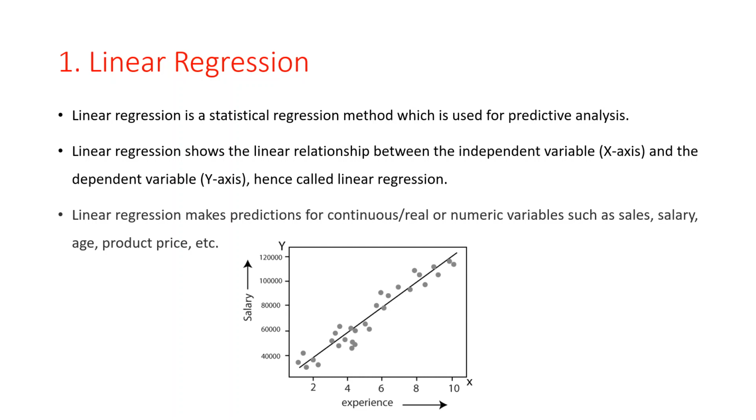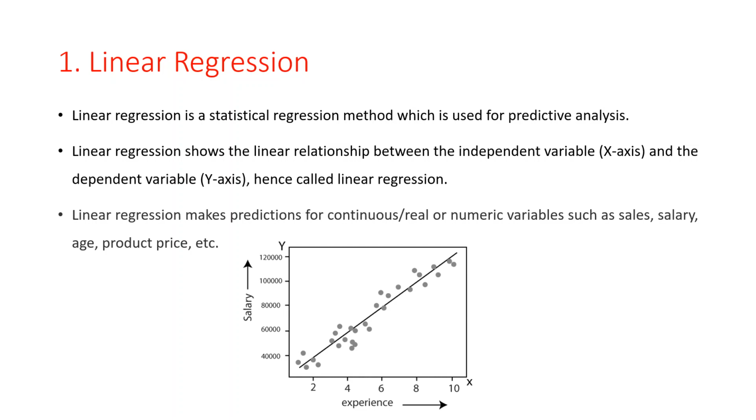The independent variable and the dependent variable. In linear regression we define the relationship between the independent variable and the dependent variable, that is, continuous or real variables. Linear regression is used for solving regression problems in machine learning.